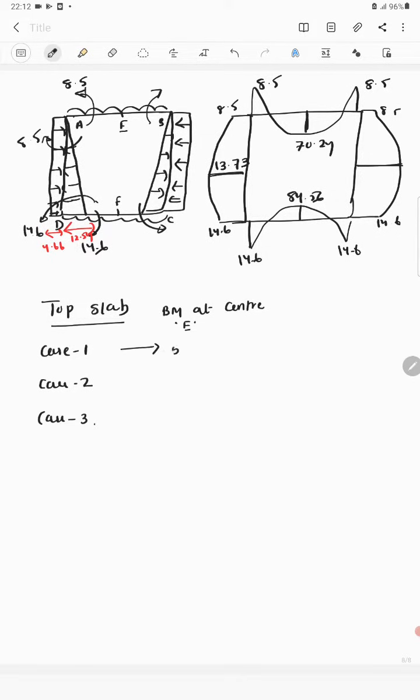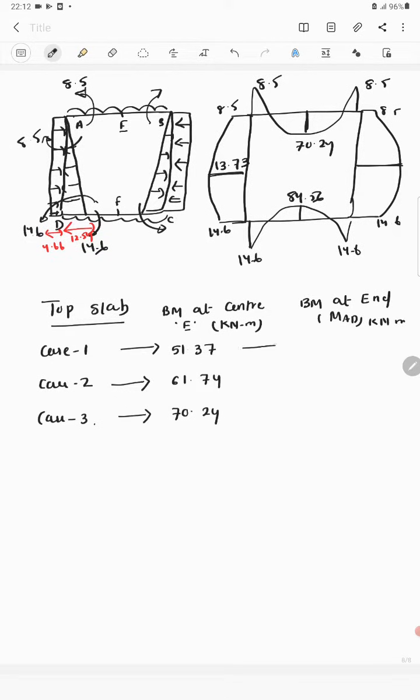Case 1, this is 51.37. We have calculated in the previous video. For case 2, 61.74 kilonewton meter. For case 3, 70.24 kilonewton meter. And what is the bending moment at the end, that is MAD? This is also in kilonewton meter.